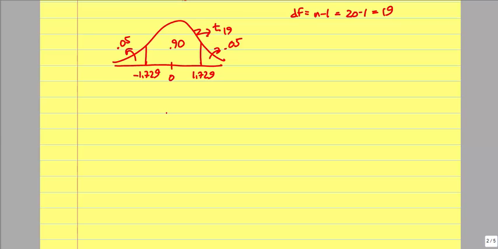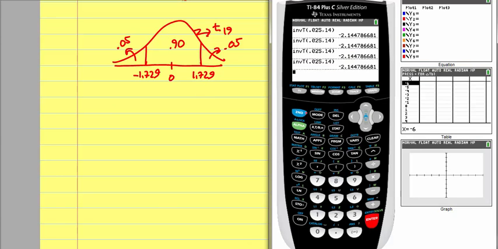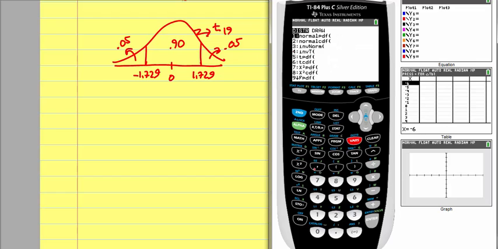Okay, let's go ahead and look at another example where we have to choose. Oh, actually up on this other one, let's go ahead and grab our calculator. Let's use the second DISTR. We're going to do inverse t to find our t value. Now in this case I have 0.05 in the left-hand area, and my degrees of freedom are going to be 20, because that's my sample size, minus 1. 20 minus 1 is 19.